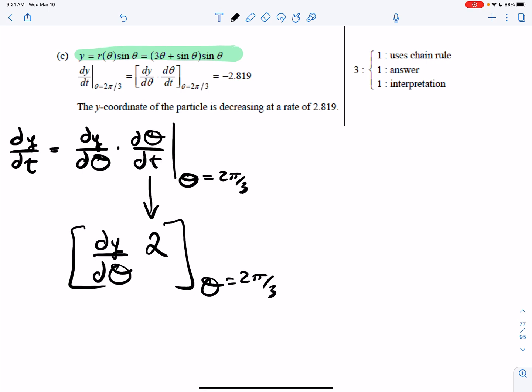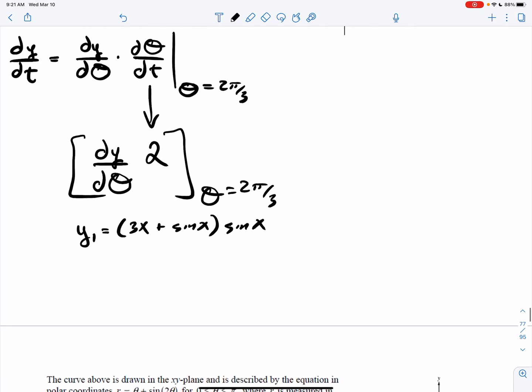Okay, so here's what you could do to expedite this, all right? You could make your y1 as 3 theta, or in this case, 3x plus sine x times sine x. And then what you could do there is you could press math 8. Actually, you should do 2. And then you should do math 8.